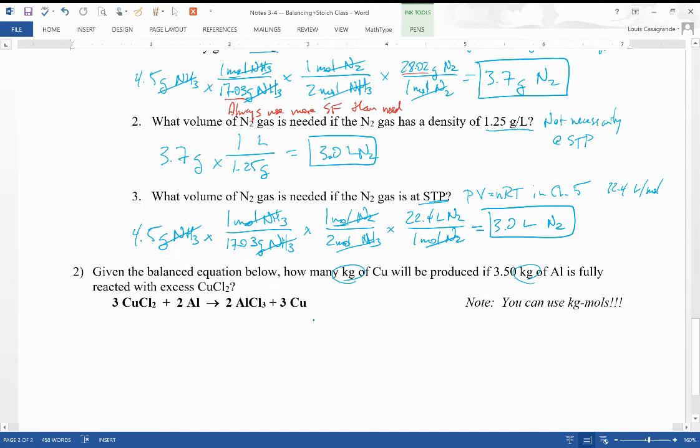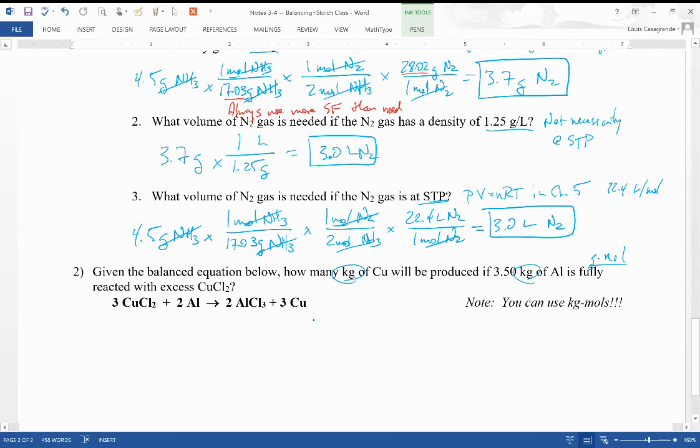So when we say moles and we have the mole to mole ratio, what we're really doing is using something called a gram mole. So mole is usually expressed in grams, so grams per mole. So they call that a gram mole.